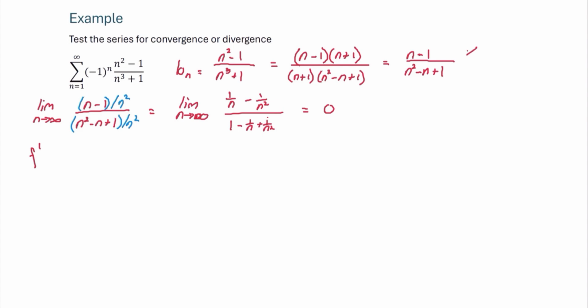So if we call this f, f prime is then the denominator times the derivative of the numerator minus the numerator times the derivative of the denominator, all divided by the denominator squared.